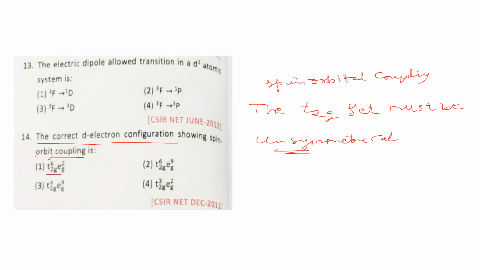In this case, there are 6, so it is symmetrical. Here is also 6, it is also symmetrical. In this case 3, it is symmetrical, but in this case it is 2.